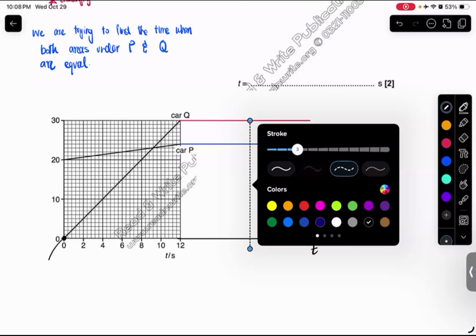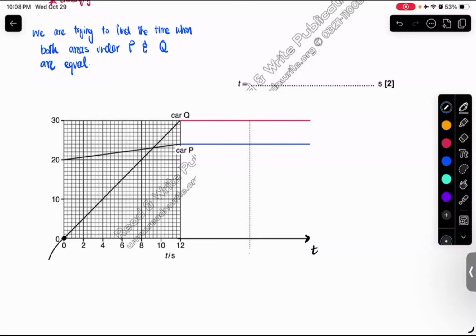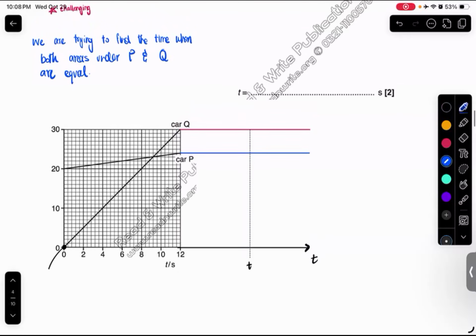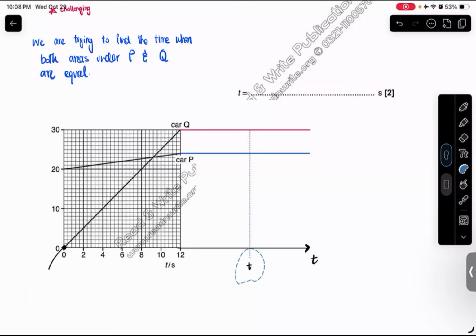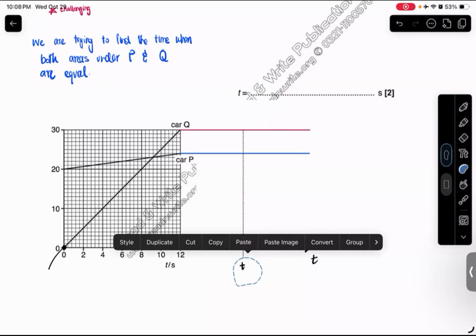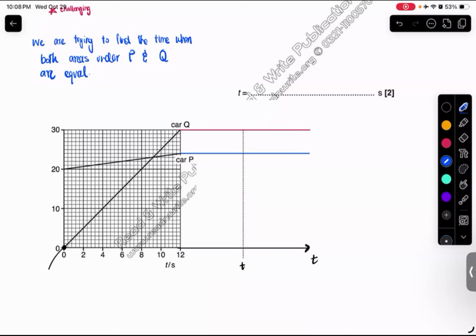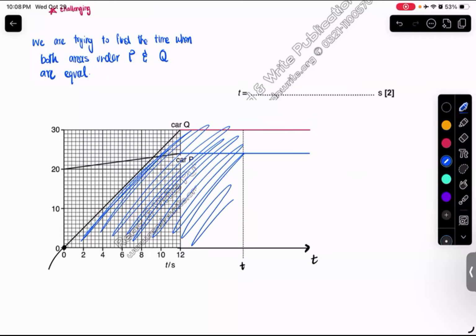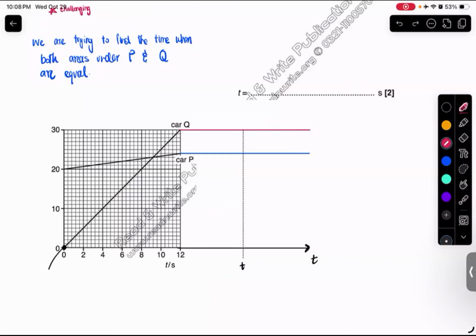Let's call it time t. We don't know what time t is. It could be any point, it could be over here, it could be over here. But at time t, the distance traveled by car Q is going to equal the distance traveled by car P.